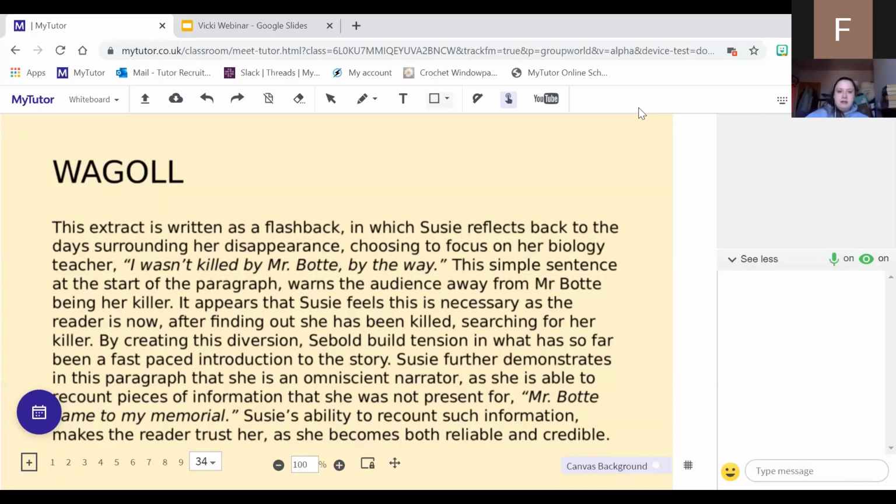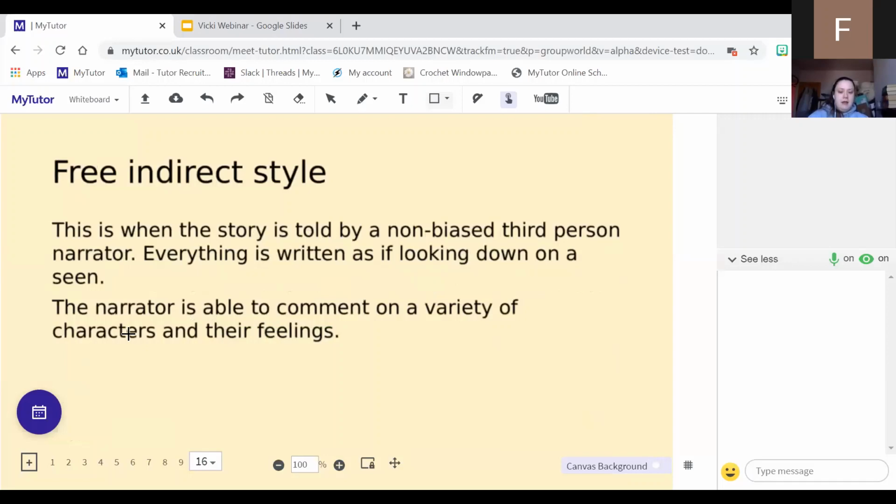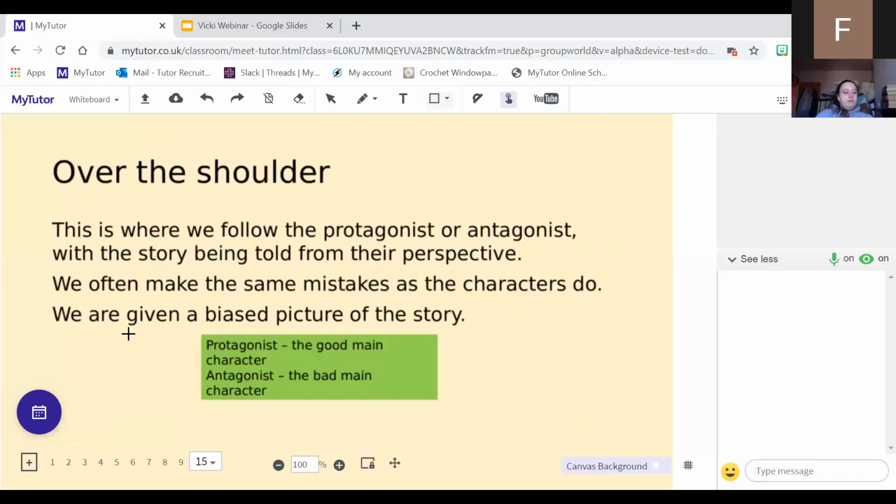There were a couple of people asking earlier if you could do a quick recap on over the shoulder. Yeah, absolutely. Right, so where are we? Over the shoulder. This is a third person narrator, where you effectively follow a character and you are sort of acting like their shadow.